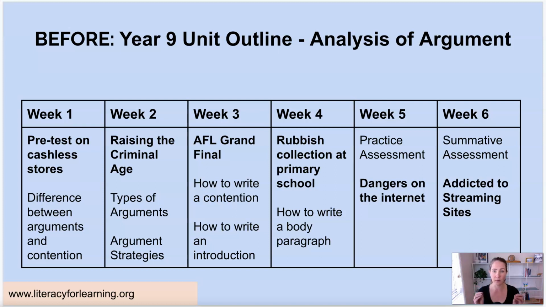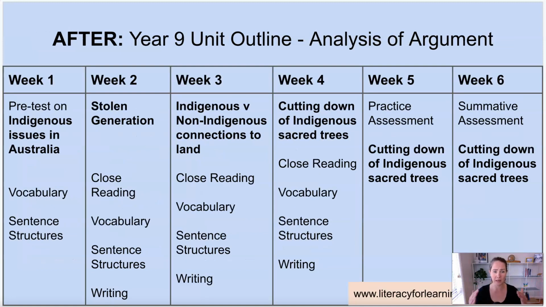Some of these topics are extremely complex, like raising the criminal age or addicted to streaming sites, which would require lots and lots of background knowledge for students to understand what the issue is about in and of itself, let alone going deeper and thinking about how different perspectives have been presented and how the author is trying to persuade their reader.